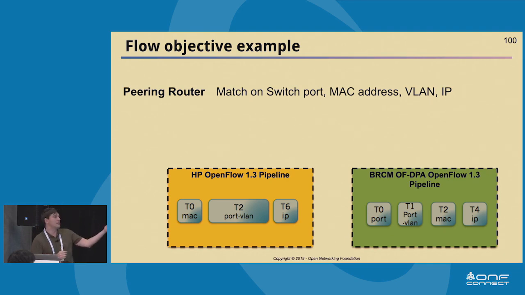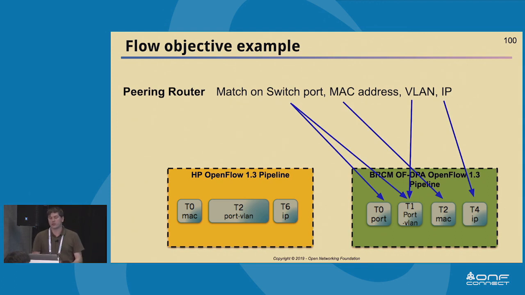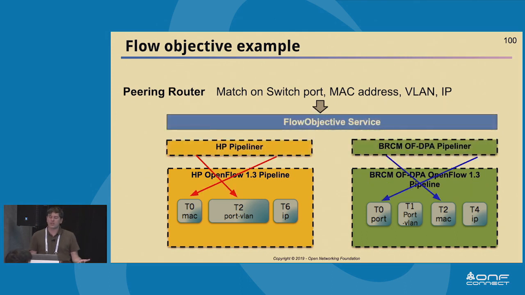If we take a device supporting OpenFlow 1.3 from HP and one from Broadcom supporting OFDPA, you will notice that the same forwarding entry is mapped to different tables in one case and in the other, because the tables are different. But the end result, in terms of forwarding behavior, can be the same. The flow objective service in ONOS, and so the flow objective API, serves to abstract this complexity from the application. So the applications can express their desires in terms of match-action relationships, and these are then mapped to the flow rules specific to the pipeline used by a given device.